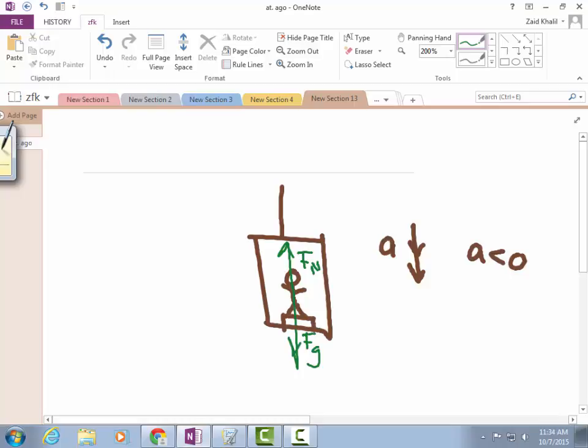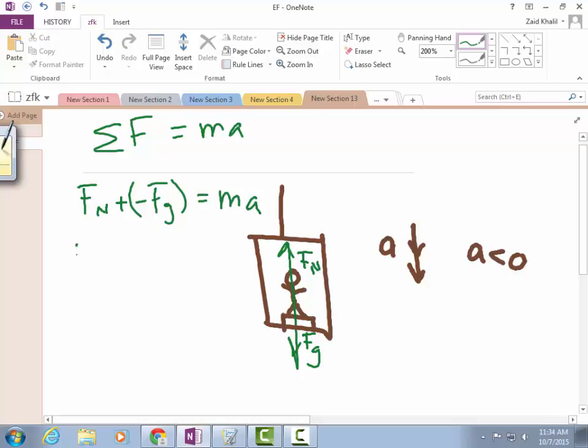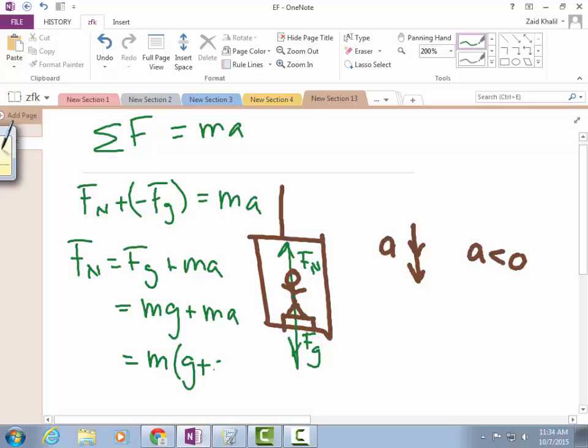And so I write out Newton's second law. I have Fn plus negative Fg equals ma. Fn equals Fg plus ma equals mg plus ma equals m times (g plus a).